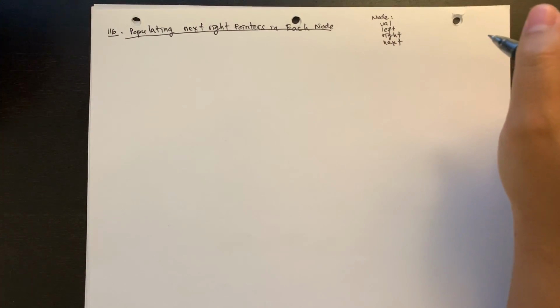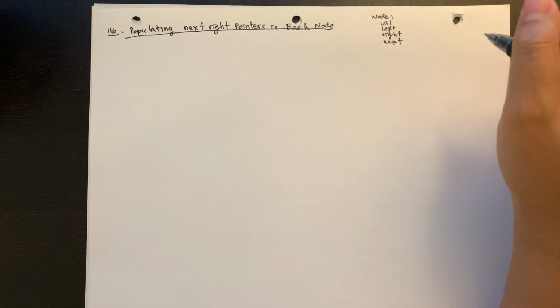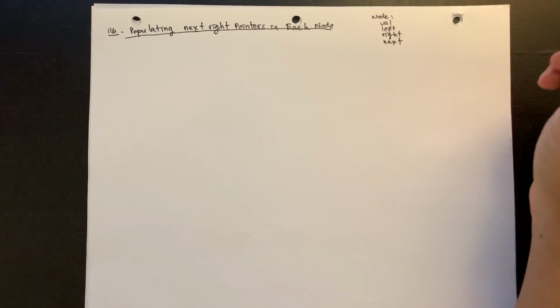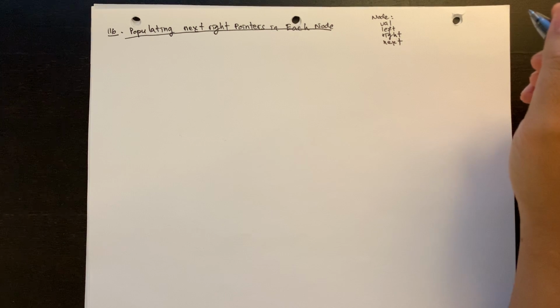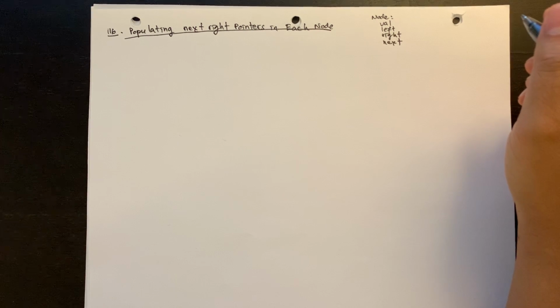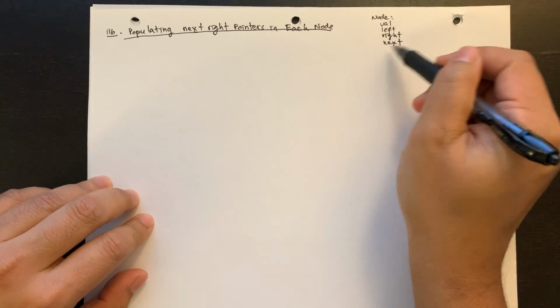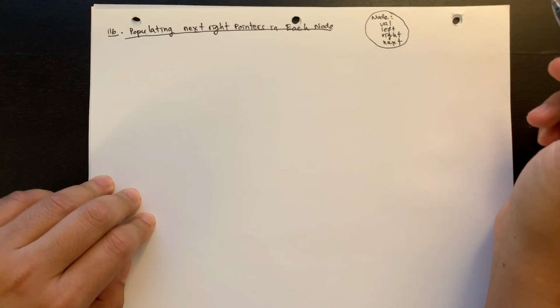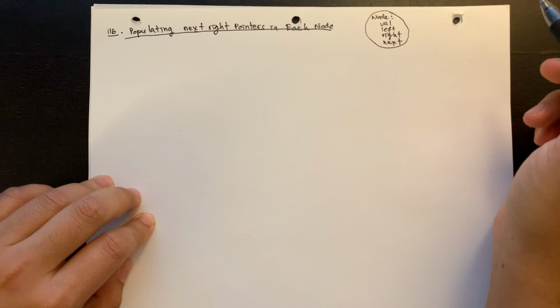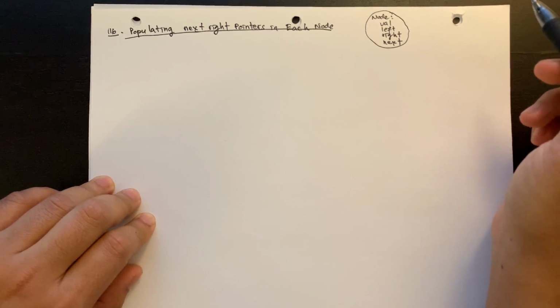Let me go ahead and read the question. You are given a perfect binary tree. So what is a perfect binary tree? Where all the leaves are on the same level, and every parent has two children. The binary tree has the following definition. Populate each next pointer to point to its next right node.